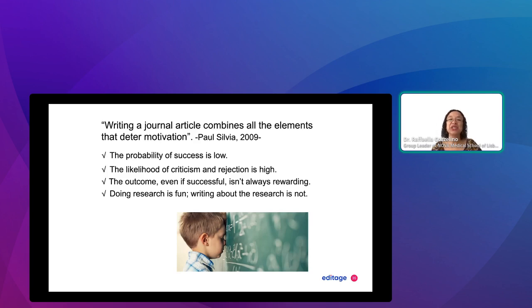But doing research is fun, and writing about the research might sometimes be considered not as fun, because you might not be used to it, and you might prefer something more practical and operational. But remember that doing science is a real privilege, because there are not so many people entitled to discover something, and this is the purpose of science.